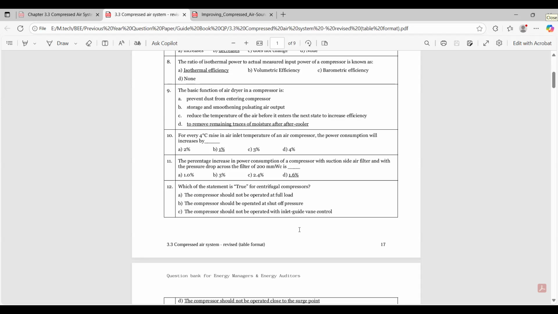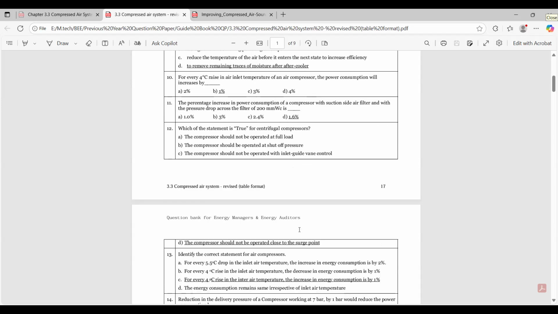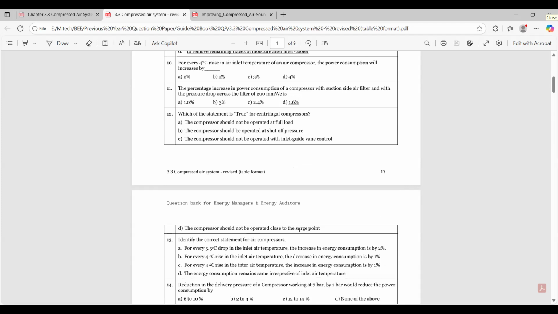The inlet guide vane gives more velocity. The compressor should not be operated close to the surge point. It's a right statement, because surge can lead to higher discharge temperature.